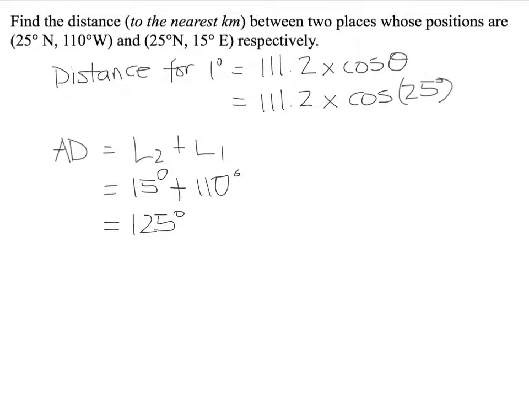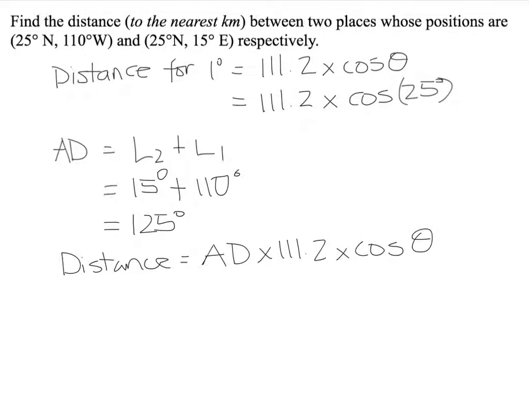Now we can actually work out distance, and that's going to be equal to angular distance multiplied by 111.2 times cosine of theta.